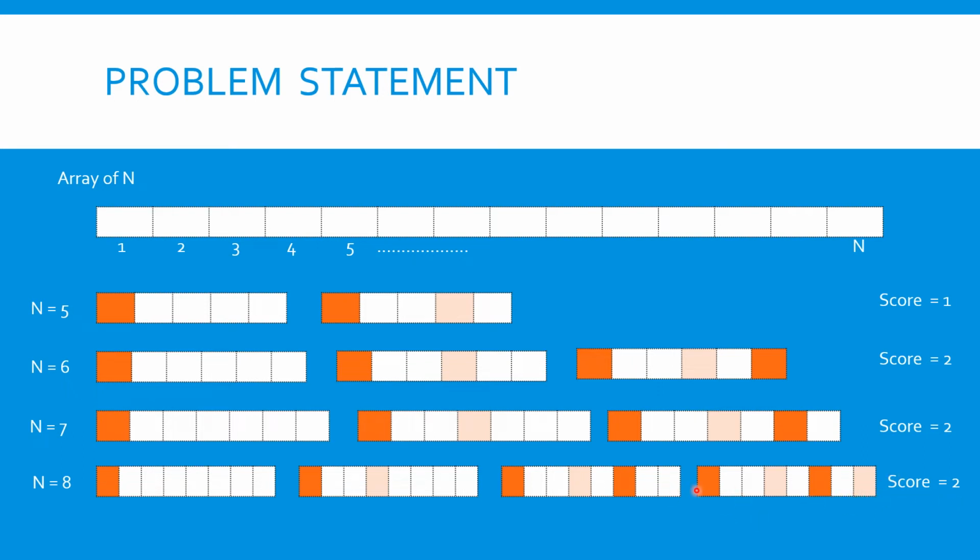For n equal to 9 and 10, the score will be 2 only, because John will be coloring one after two cells, so the bot cannot color any three cells. To understand this better, let us check n equal to 15.